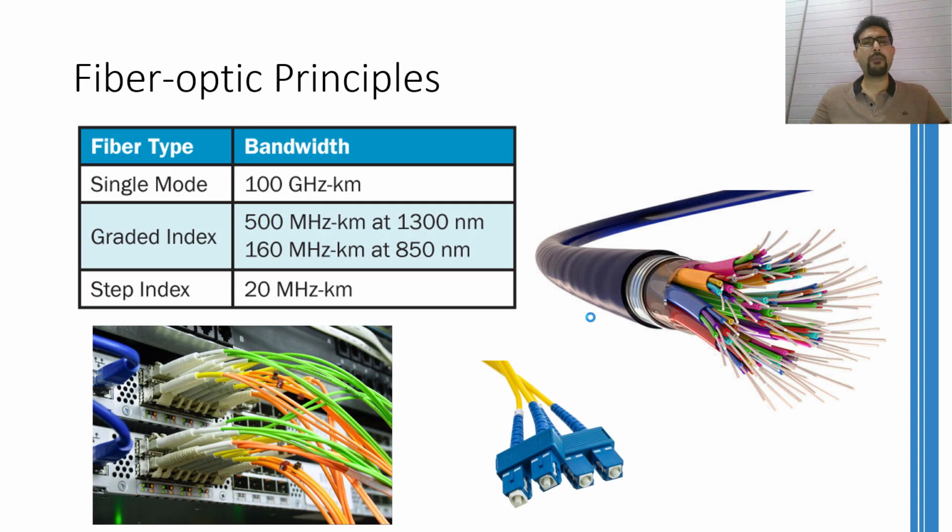Typically, the single mode fiber optic cable will have a bandwidth around 100 gigahertz-kilometer, whereas the graded index fiber optic cable will have 500 megahertz-kilometer bandwidth for 1300 nanometer light waves, whereas for higher frequency light waves, the bandwidth drops to 160 megahertz-kilometer. As far as the step index fiber optic cable is concerned, it has the lowest bandwidth, and that is in the range of 20 megahertz-kilometer.